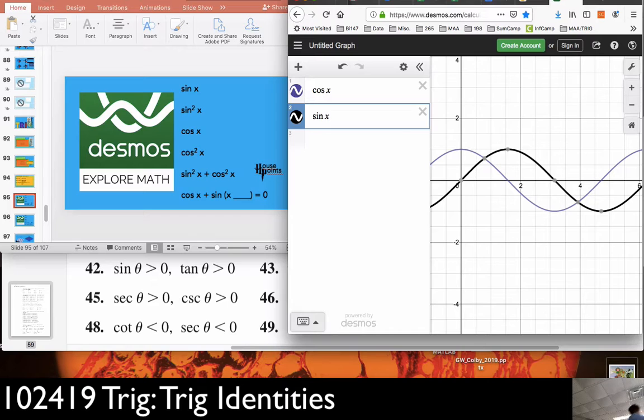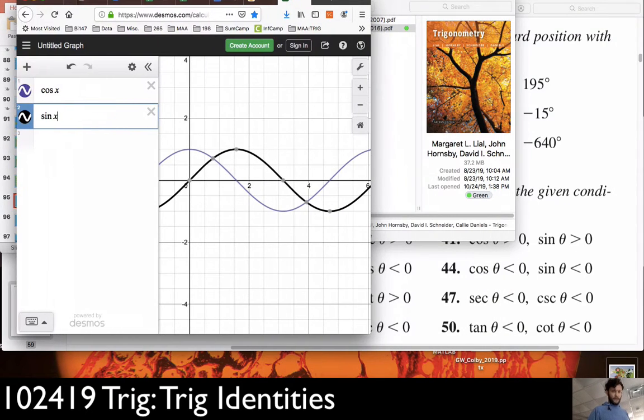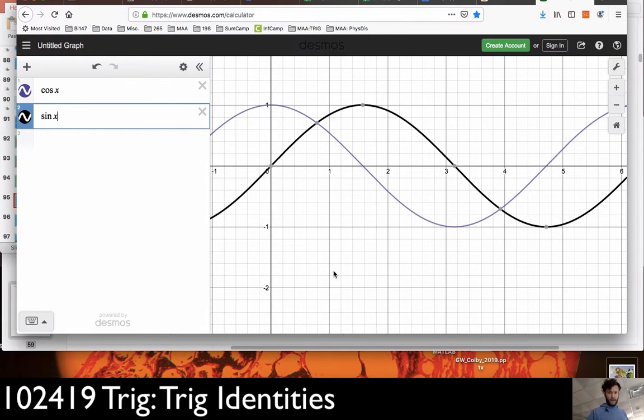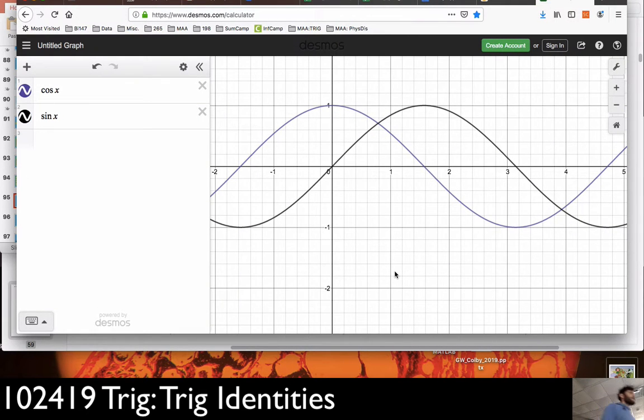You see what I'm saying? You're on the right path. I'm not saying you got it yet, but let's think about it. Let's make it bigger here. So what does the sine have to be to add to the cosine for it to be 0 right here at this thing? What are you going to add to plus 1?